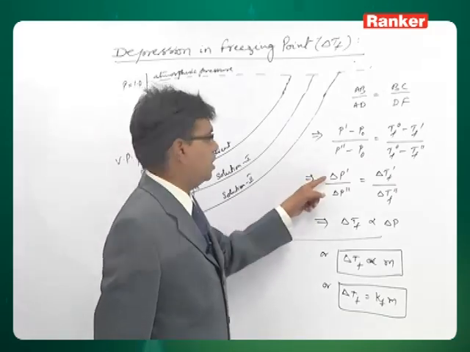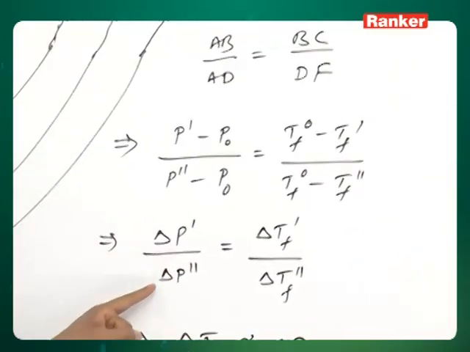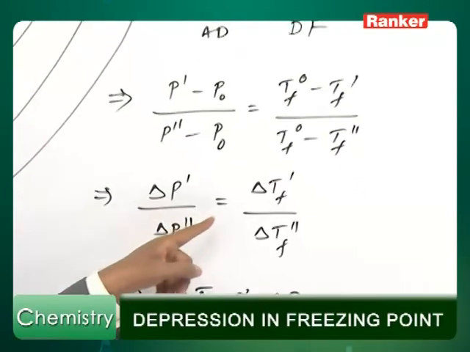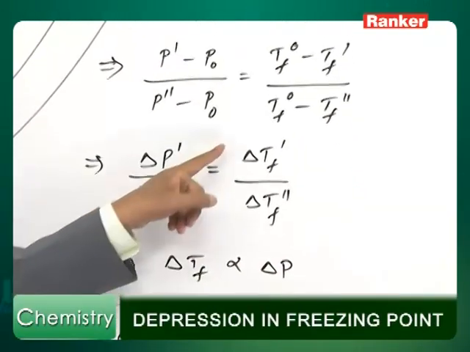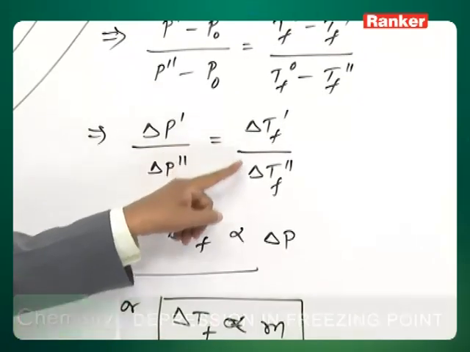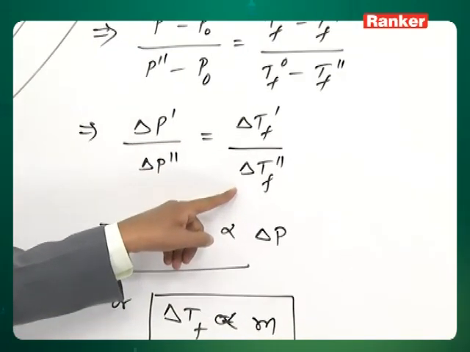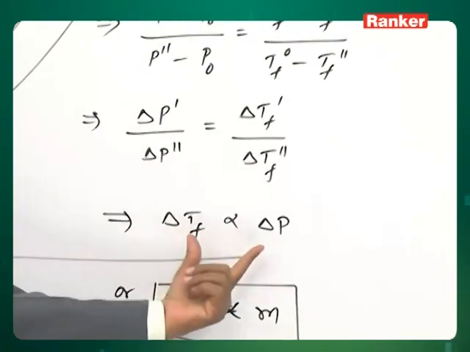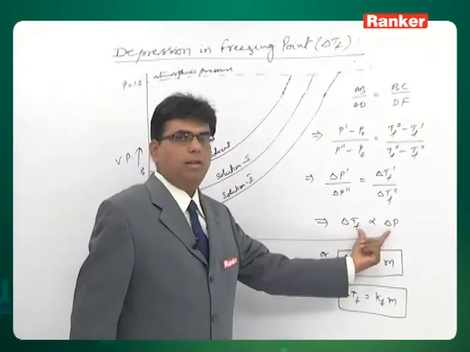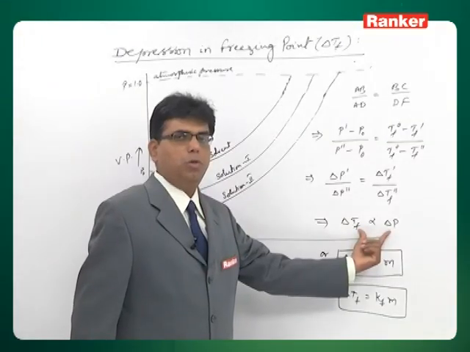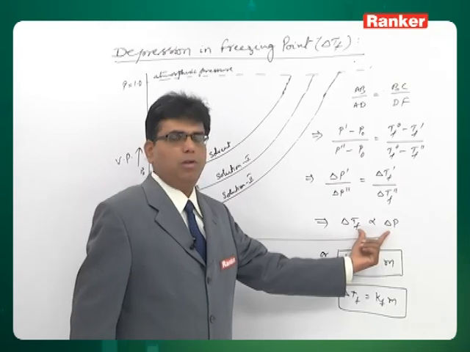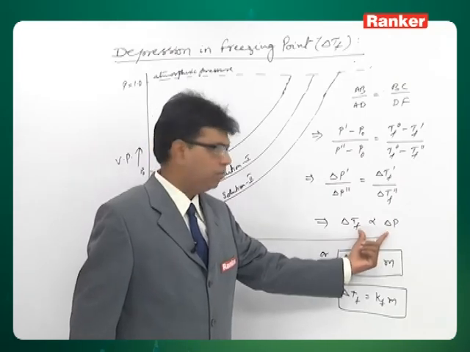That is, change in vapor pressure for solution 1 by change in vapor pressure for solution 2 is equal to change in freezing point for solution 1 by change in freezing point for solution 2. So, this in turn is again that decrease in vapor pressure is proportional to change in its vapor pressure from solvent to solution.